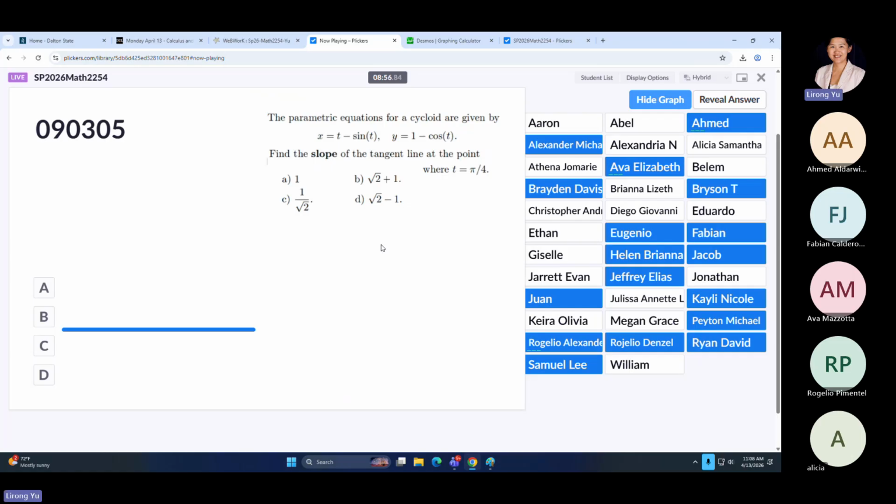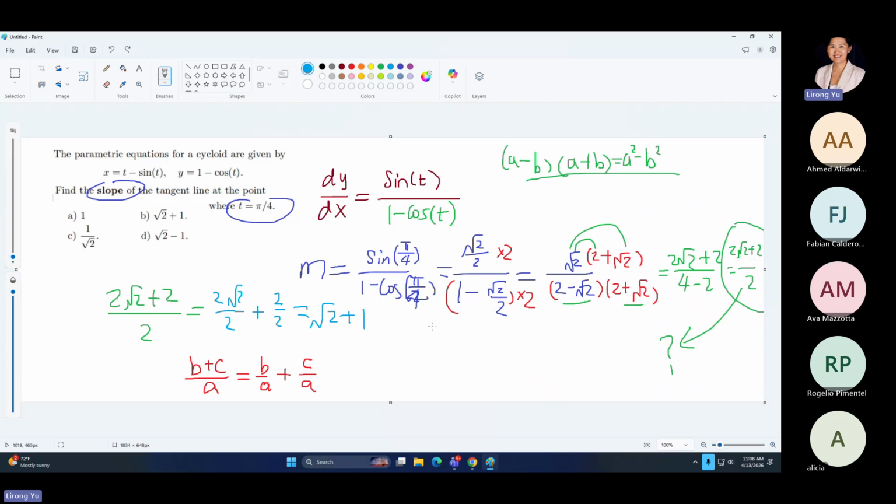Do you have any homework question you want to ask? Any homework question? Okay. So I keep the scanner on. If you haven't submitted, you can submit after you click your final answer.